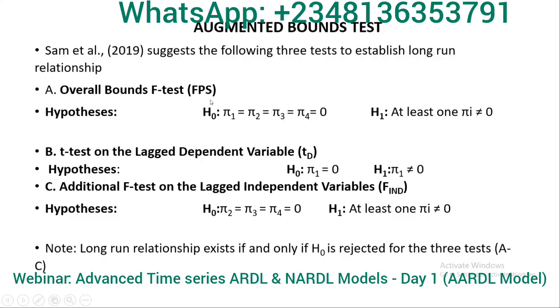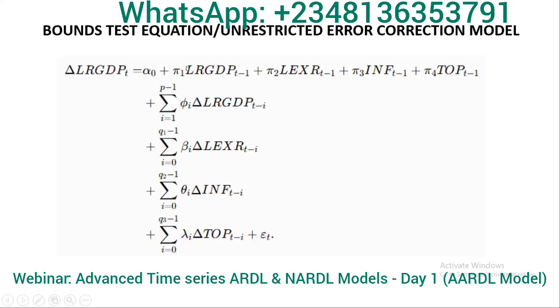The same as we have under Pesaran, that is the traditional ARDL model. The alternative says that at least one of the pi is not equal to 0. So rejection of this hypothesis is what we are after. The other test, as we have under the traditional ARDL bounds test, is the t-test on the lagged dependent variable, only this pi1 here.